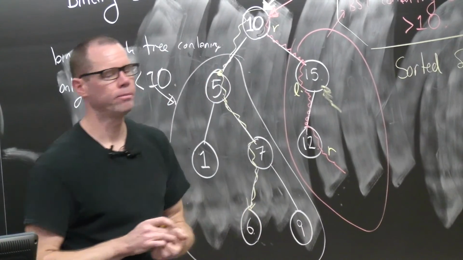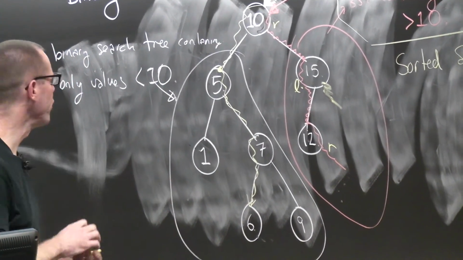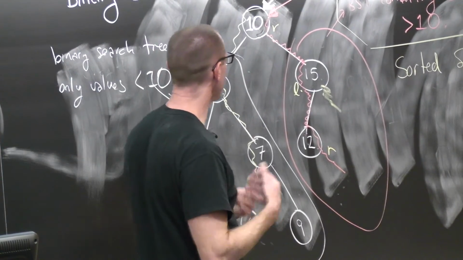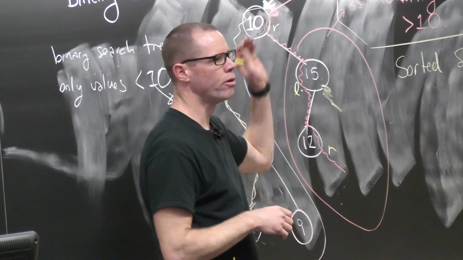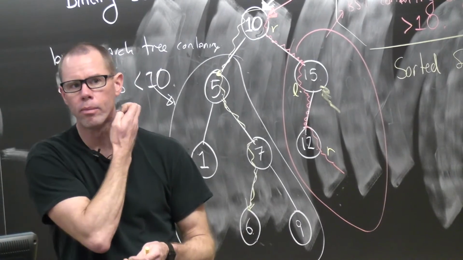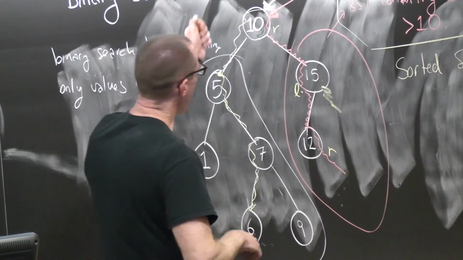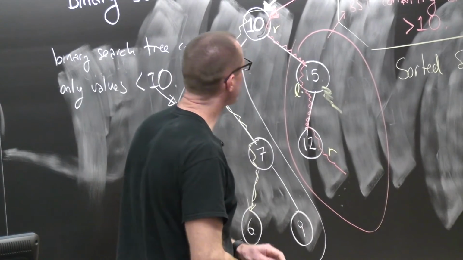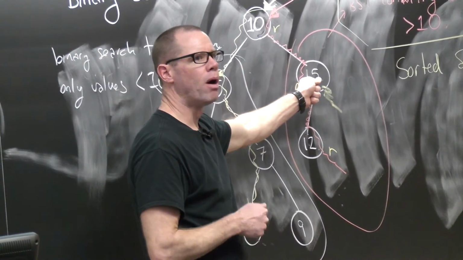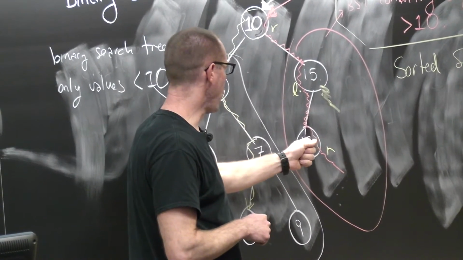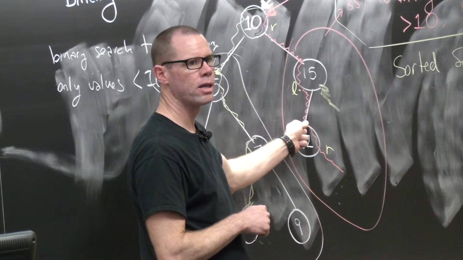Anything special about 15 in this set as it relates to 13? Yep. Yeah. So if I follow this path, then the last place I turn left is the smallest value in the set that is greater than the one that I'm looking for, 13 in this case.